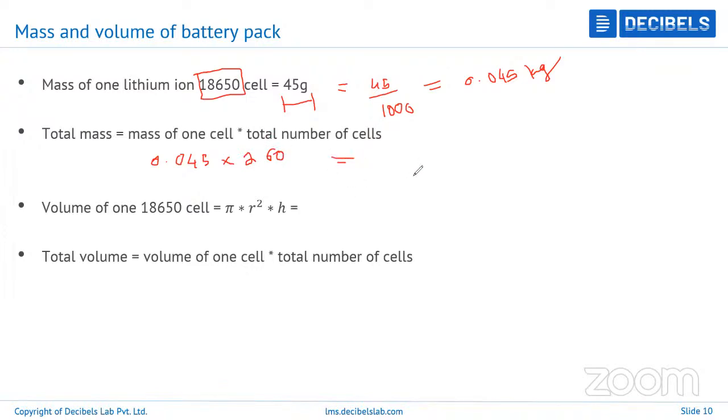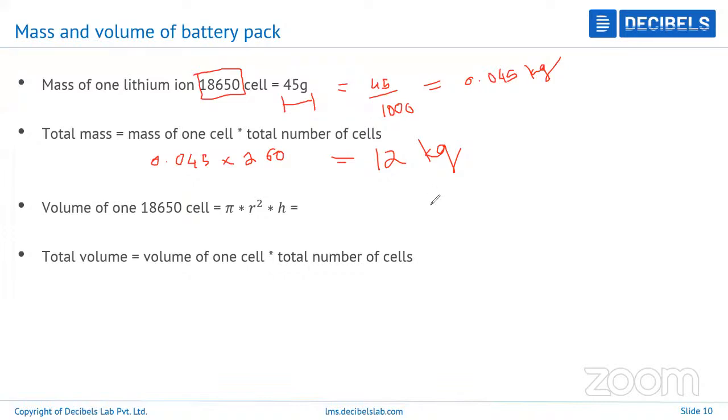So if you calculate the mass of your battery pack using this, what will be your final answer? That will be almost 12 kg battery pack. Yes, 11.7 is the answer. That's correct. But you can just round that off to around 12 kilograms. So that is for a total number of cells of 260.